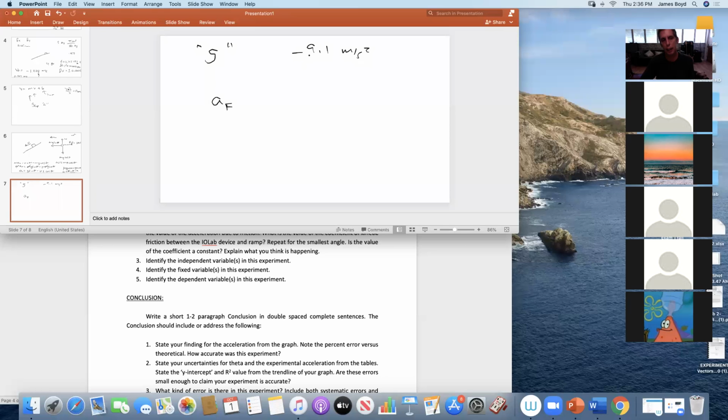And what that means is the acceleration due to friction is G theoretical minus G experimental. So in this case, this would be minus 9.8 minus a minus 9.1, or basically minus 0.7 meters per second squared. That's A of friction.